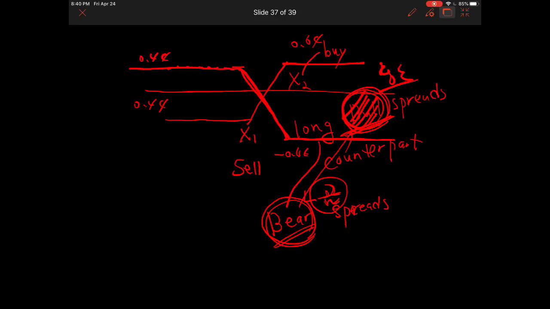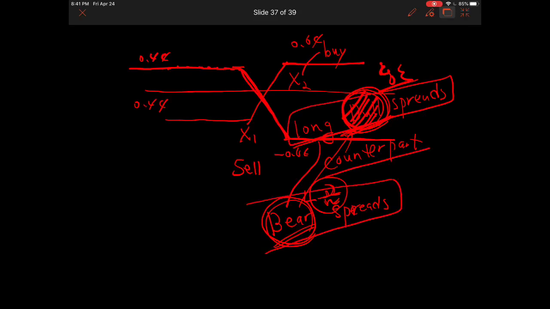Now back to the English class. As I said, if you are constructing a long bull spread, the other counterpart is constructing a bear spread, right? Then let me ask you, why is the other counterpart constructing a bear spread?